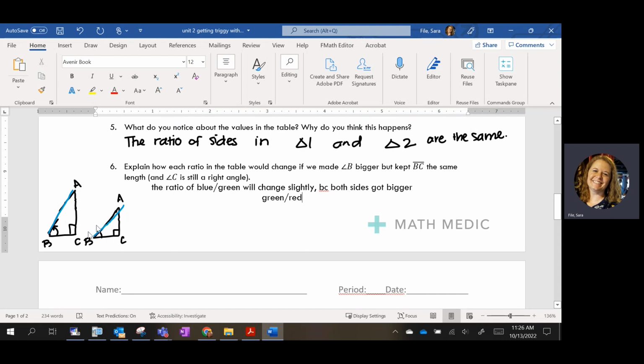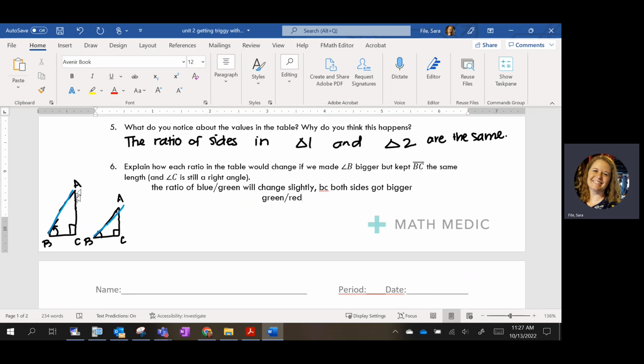So if this one is getting taller, that's the numerator, right? So if the numerator gets bigger, but the denominator doesn't change, is your number getting bigger or smaller? If you have a fraction and the numerator gets bigger, is the number going to get bigger or smaller? It's going to get bigger.